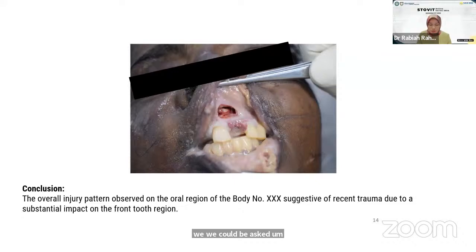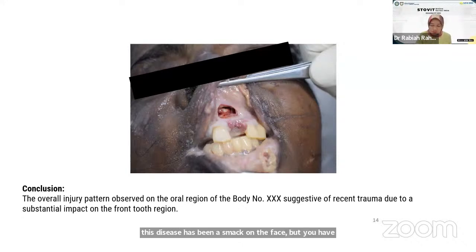So be very mindful. Although it's like 99% you say yes, this must be a substantial hit on the face, you want to say the deceased has been smacked on the face, but you have to keep that to yourself.